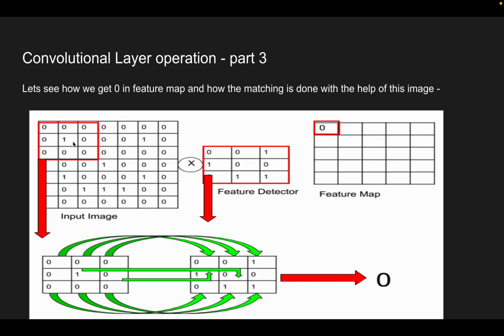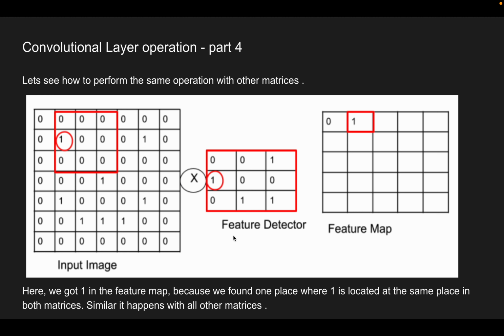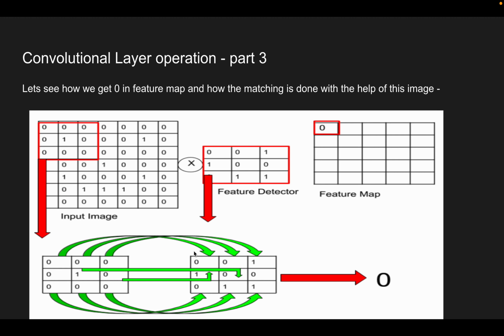Now you multiply the first row, first column of the image with the first row, first column of the filter. So 0 into 0 plus, then the first row second column, and similarly the first row third column. That means 0 into 0 plus 0 into 0 plus 0 into 1, which will be 0 plus 0.